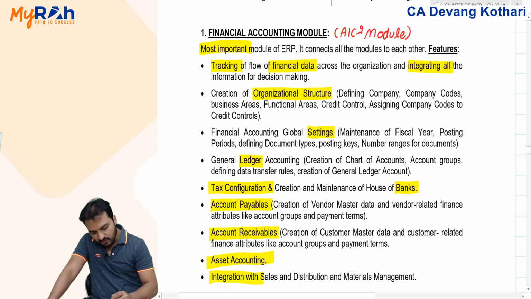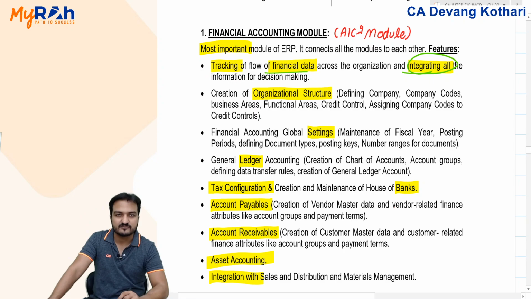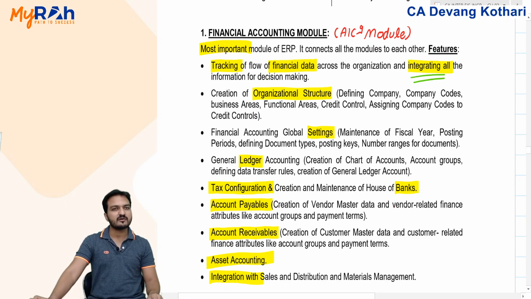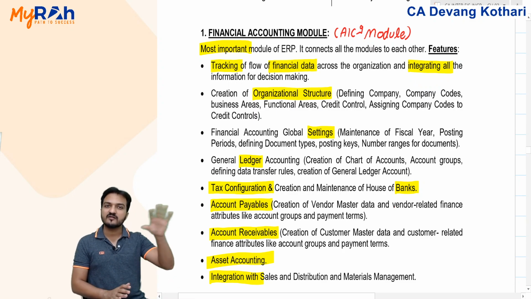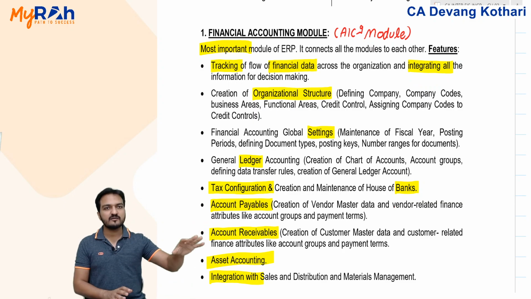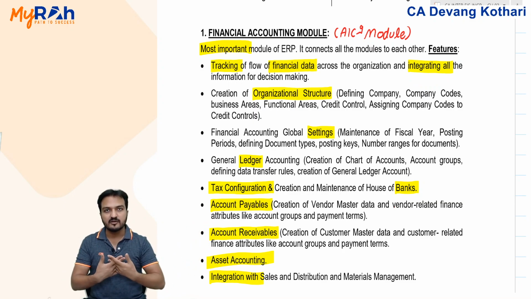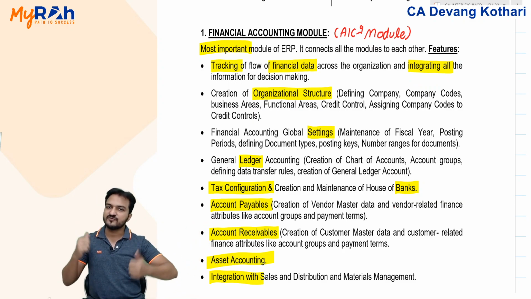This is the module that you use for tracking financial data, and it is a module which integrates all information. Why do I say that this integrates all information? Because in an ERP software, all the other modules are interconnected to each other because of this module.